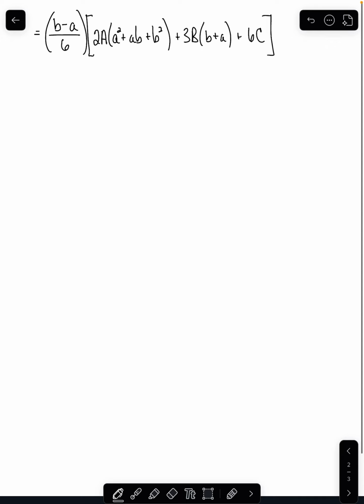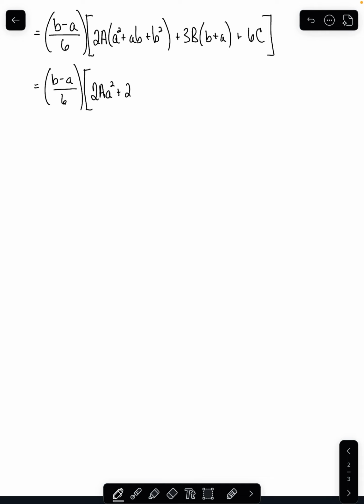The obvious thing to do here is to distribute the 2 times big A and the 3 times big B. Which gives us 2 times big A times little a squared, plus 2 times big A times little a times little b, plus 2 times big A times little b squared, plus 3 times big B times little b, plus 3 times big B times little a, plus 6c.